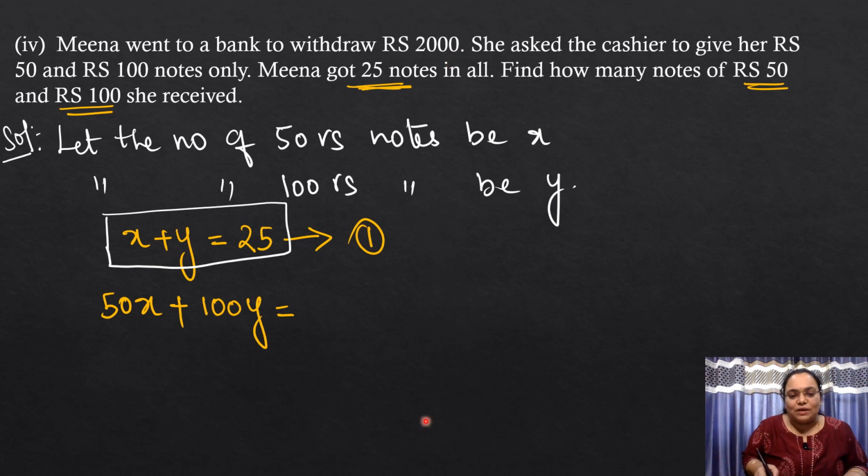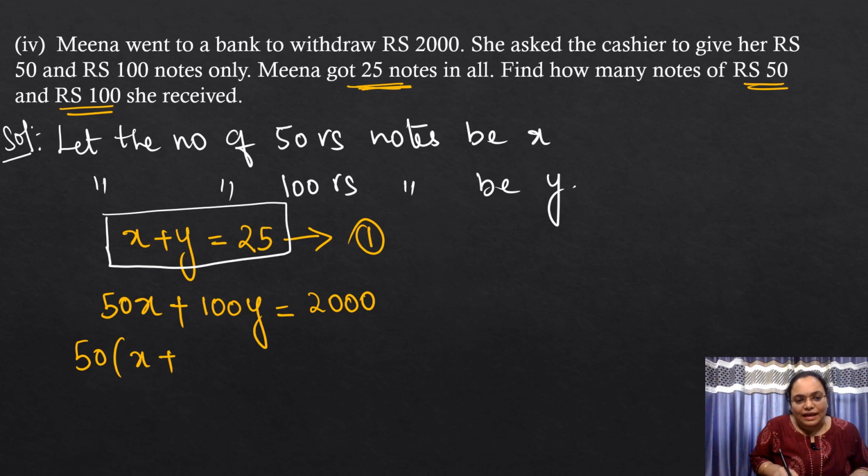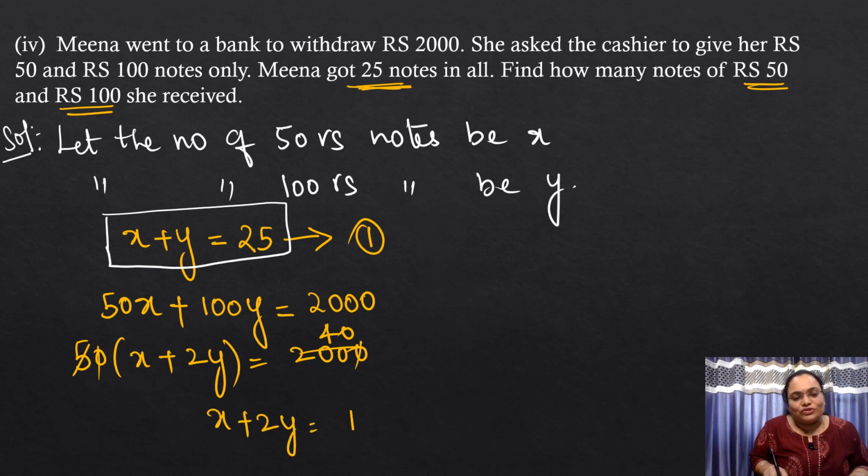It is 2000. If you take 50 common, x plus 2y is equal to 2000 divided by 50. 5 ones are 5, 5 40s are 200, so x plus 2y is equal to 40 will be your equation number 2.